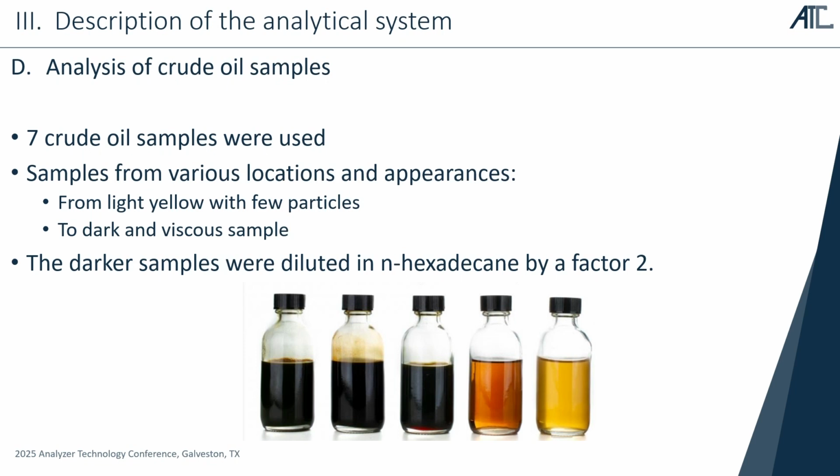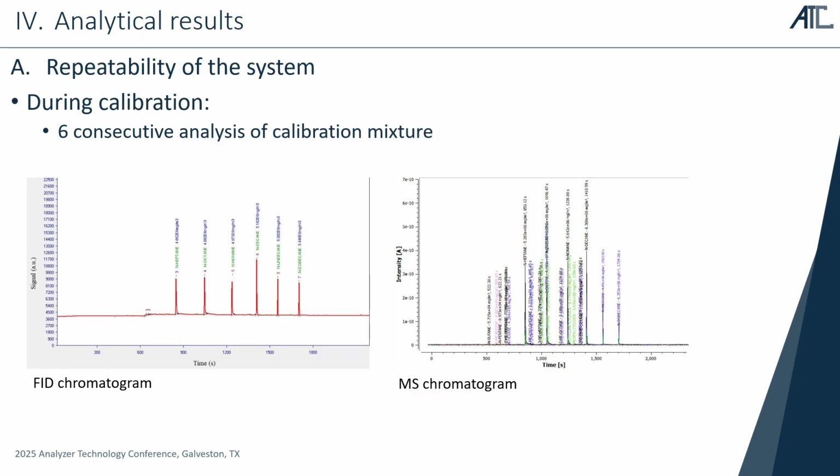So we get some different samples collected from the field, and we can see by color alone, and probably most of you know crude oil better than me, that there are different viscosities and colors. The darker samples had to be diluted because the viscosity was too high to be injected automatically into the system.